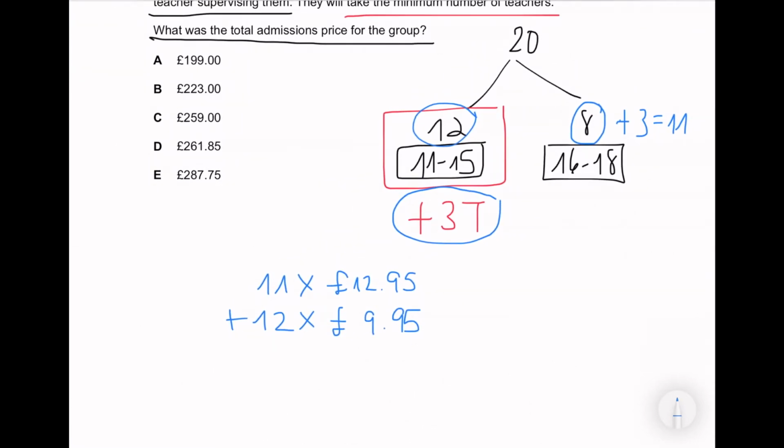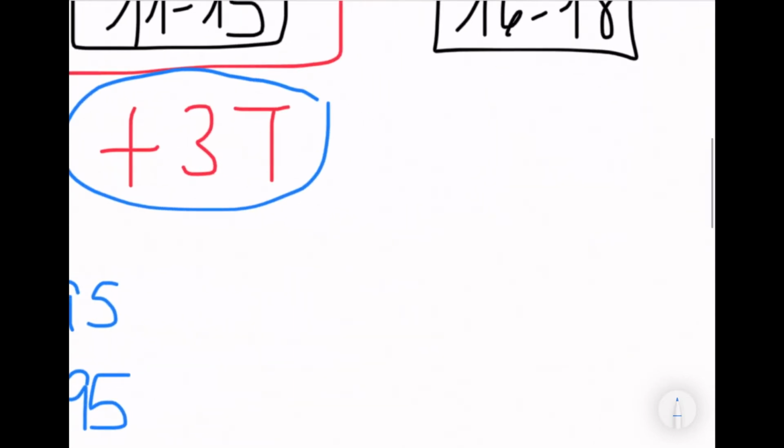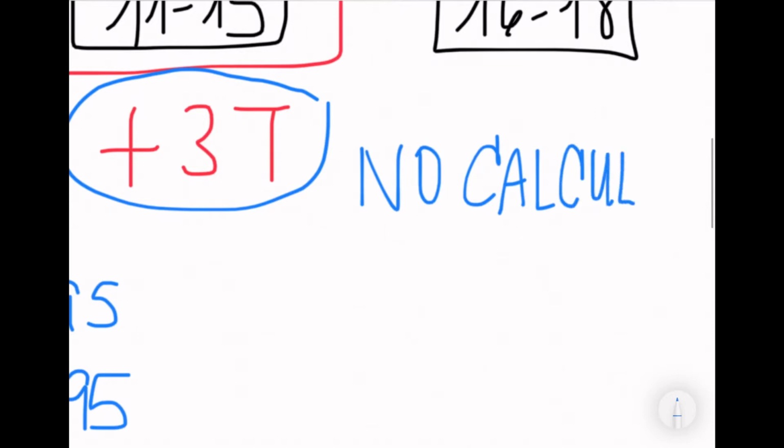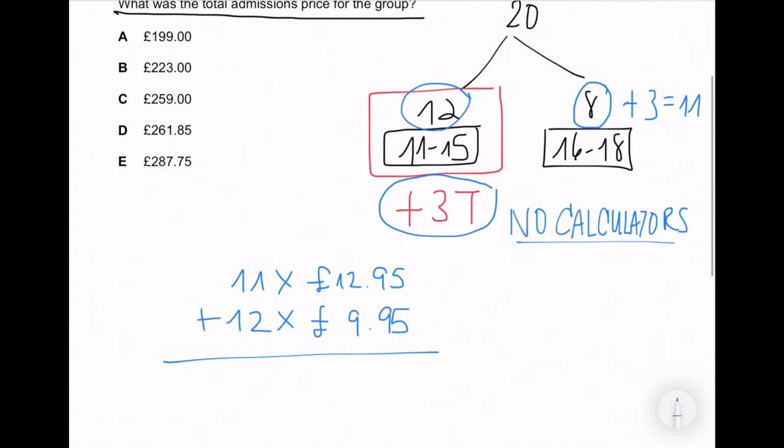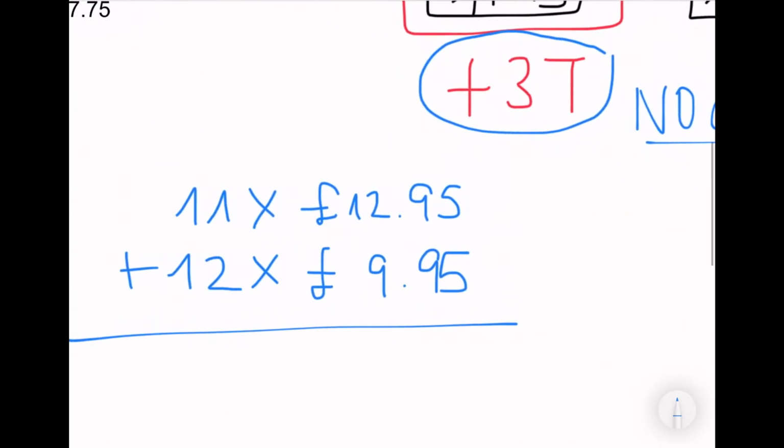Remember that on the TSA, you don't get to use calculators, right? No calculator. So you have to kind of put your mind to use here. What you could do is a long multiplication, but what I think TSA wants you to do, and what the timing of this test is really going to force you to do, is get smart with your calculations, right?